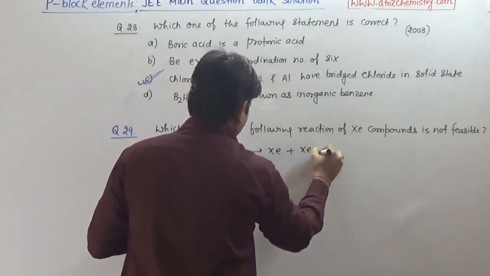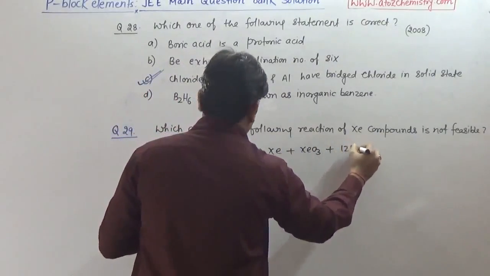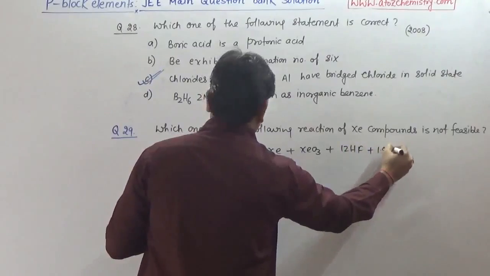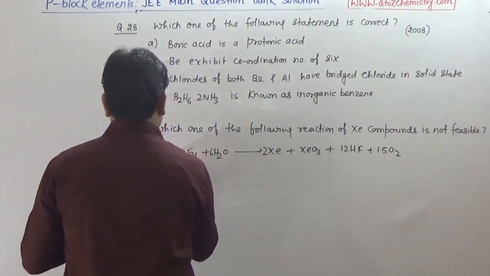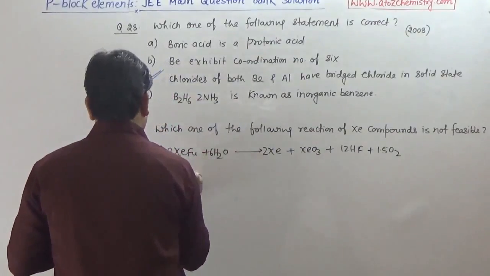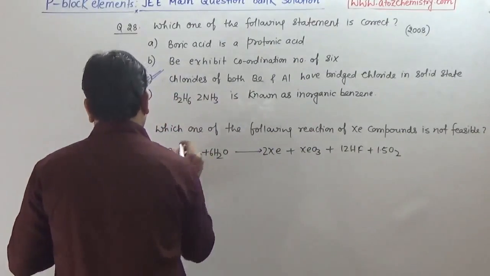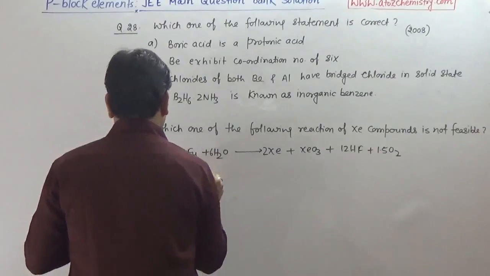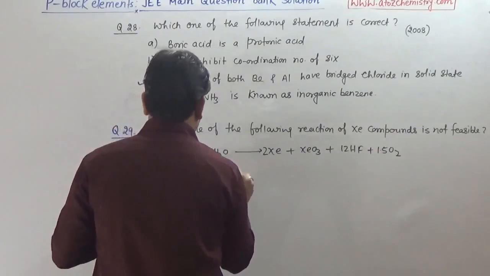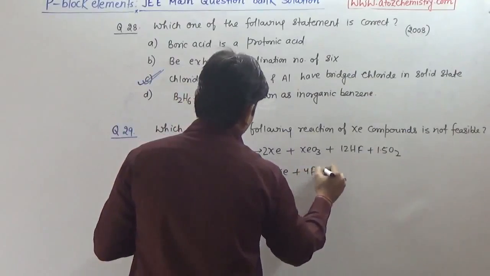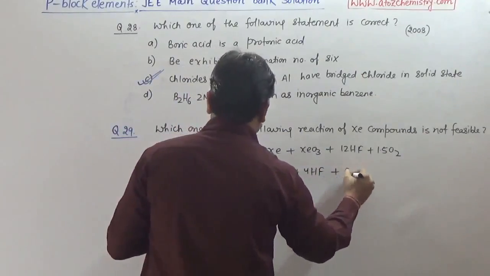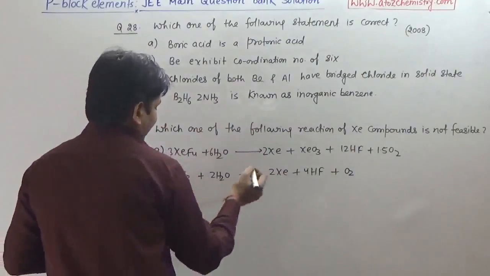This is correct. 12HF plus 1.5 O2. If you write it in balanced form, this is 6, this is 3. This is correct. Disproportionation occurs in case of XeF4 when hydrolysis happens. It reacts with 2H2O to give 2Xe plus 4HF plus O2.